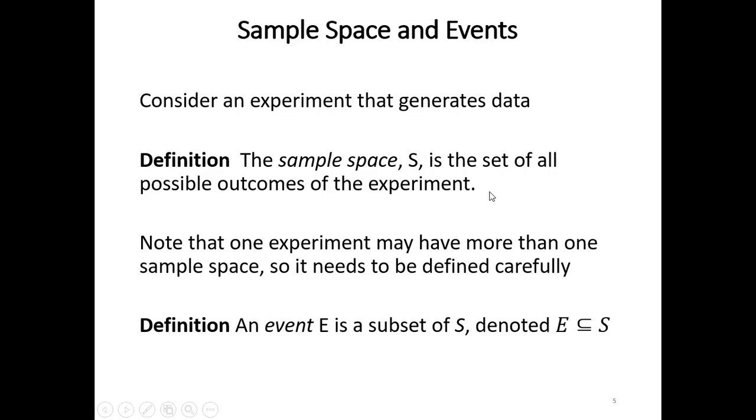Now, one experiment may have different sample spaces, at least different possible sample spaces, so you need to be clear sometimes how the sample space is to be defined. Okay, another definition is that an event E is simply a subset of S, and this might be denoted using this notation. Think of this as E is contained in or possibly equal to S.